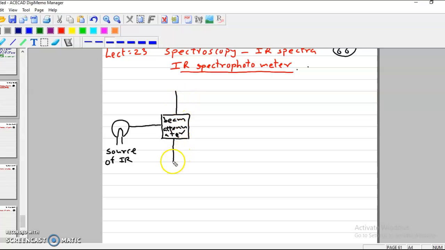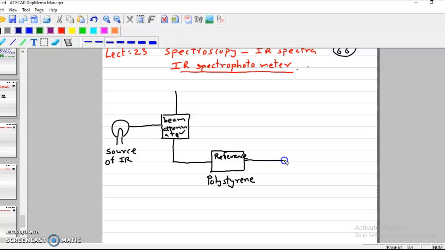First of all, the IR radiation will pass through a compound which is kept over here, and it is known as reference cell. And polystyrene is taken as a reference to take IR spectra.